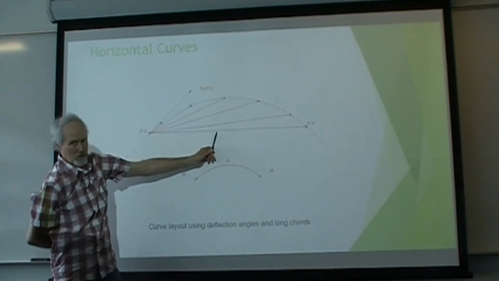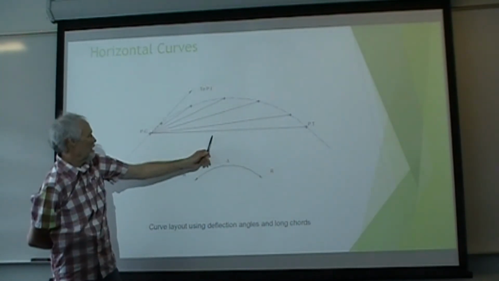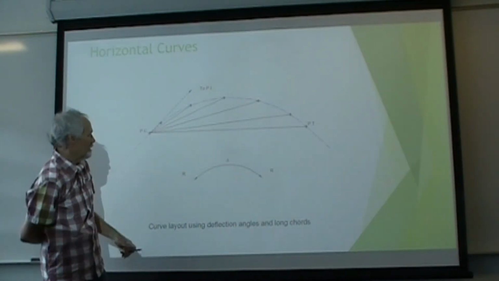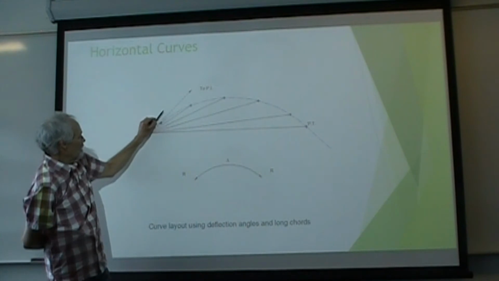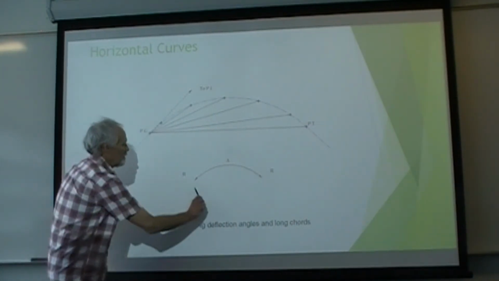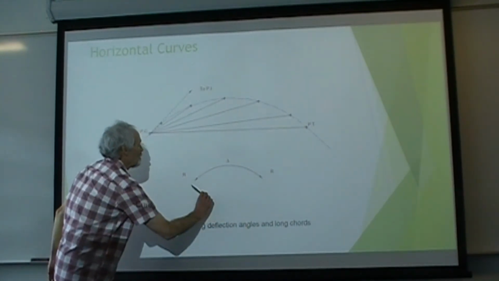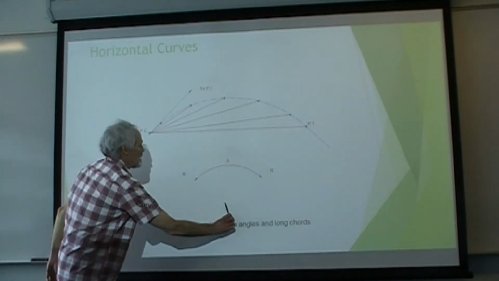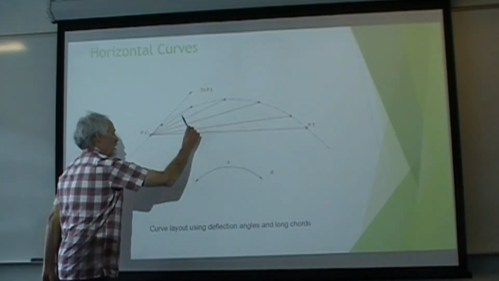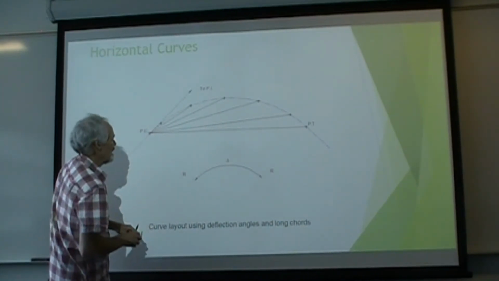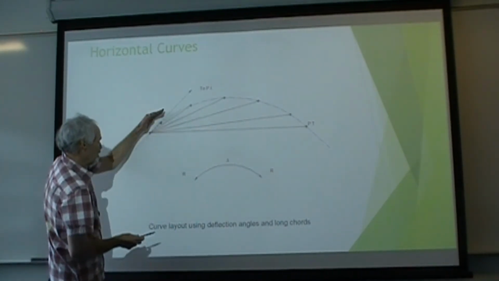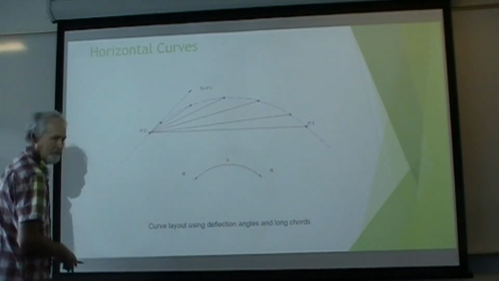This is the long chord, or the longest chord that you'll encounter, so the distance from the PC to PT. So all of these guys are going to be some subinterval of that. These angles are geometrically related to what's happening down here at the center line. So whatever, if I would draw a line from here to that point, that angle is always going to be double what this angle is. So we're going to see how to calculate that here in a second. But this is deflection angle long chord method.